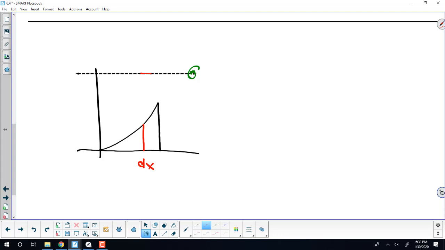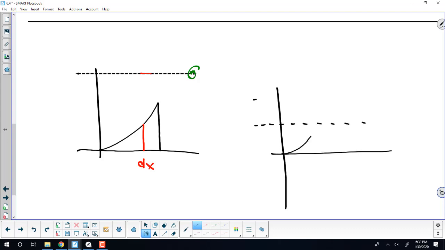I probably can't draw this very well, but the thing is with the disk method, let me draw this here. Oh, that's not good. Let me try that again.